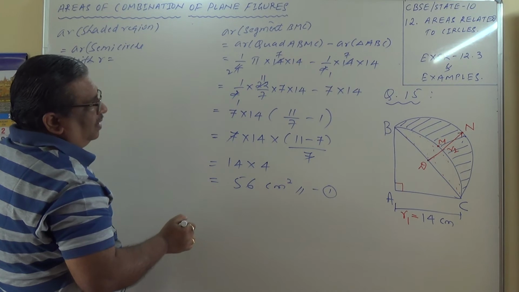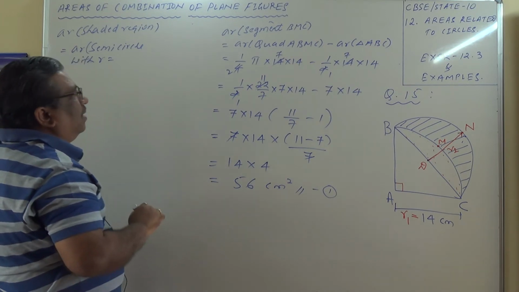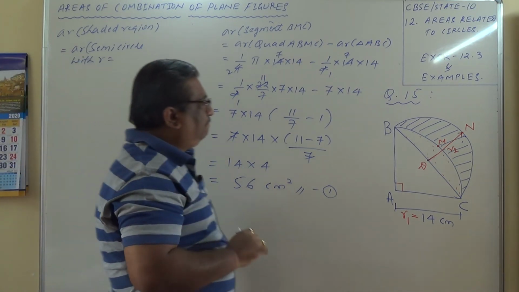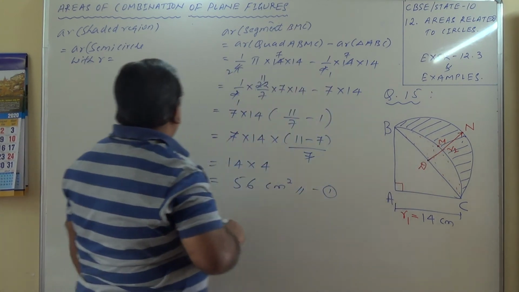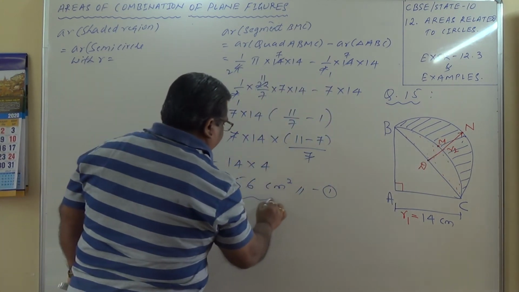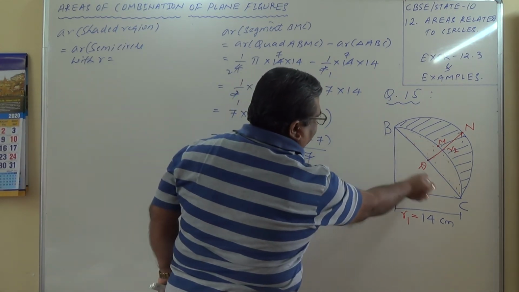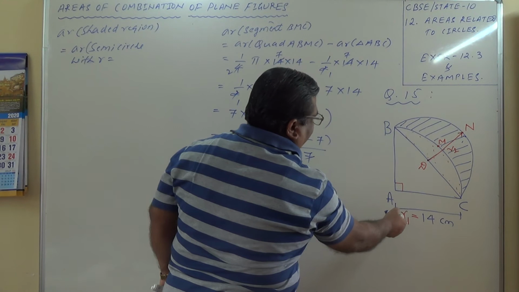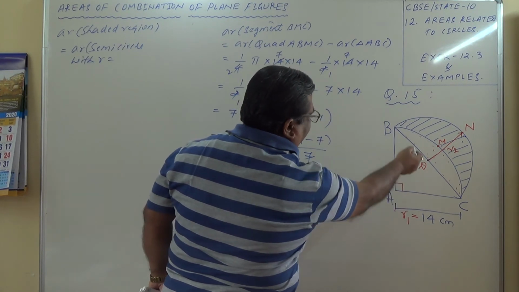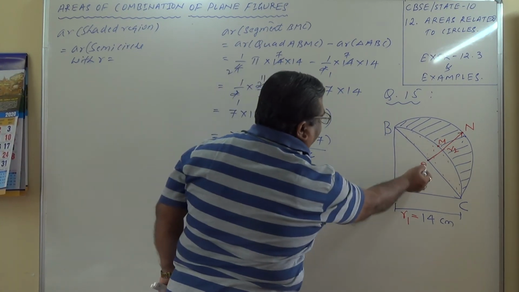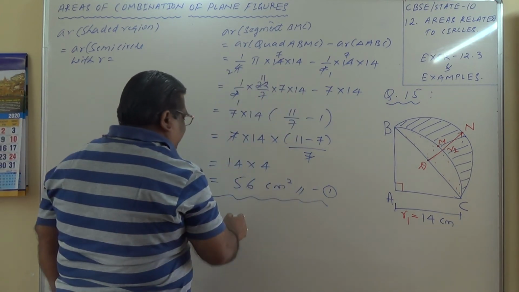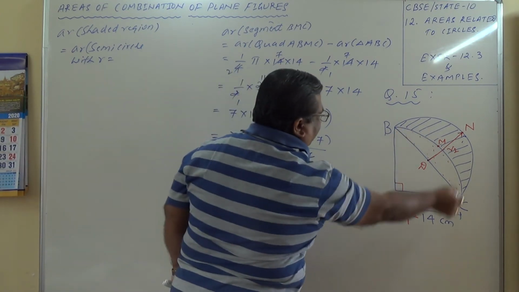We have to find out this radius R2. So let us find out the radius R2. See here, BC square is equal to AB square plus AC square, and BC by 2 gives me the radius, which is BD or DN. Okay, so first let us calculate the radius of the semicircle BNC.